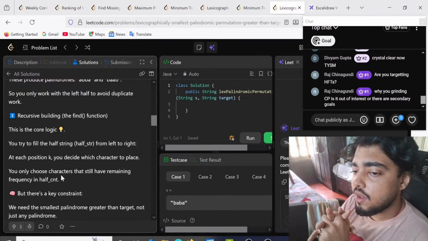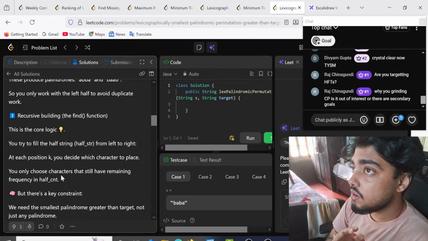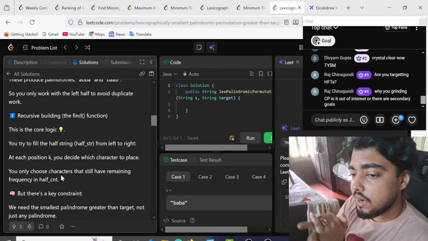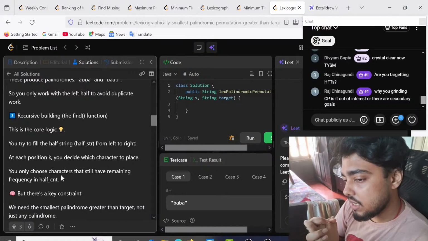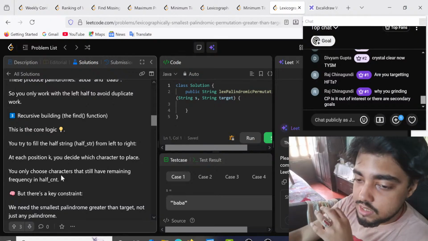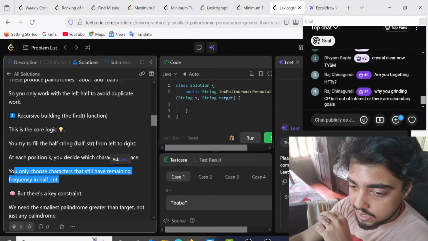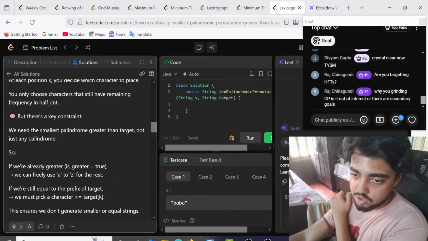I still don't get why this is getting done. But still, let's try to understand the whole thing, what he's trying to tell us.